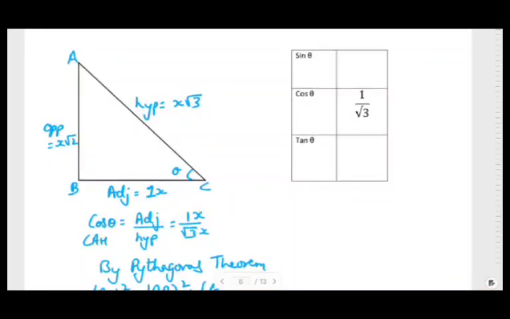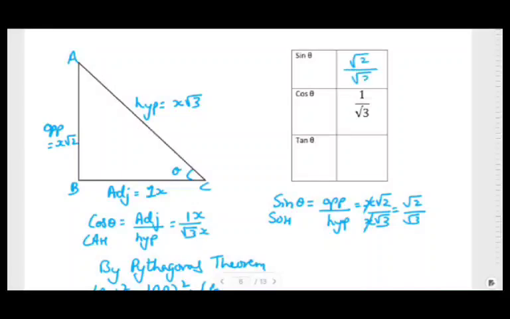So now I have all values. So sine theta is equal to opposite upon hypotenuse, correct? What's my opposite value? X root 2 upon hypotenuse x root 3. X cancel. My value for sine is root 2 upon root 3.